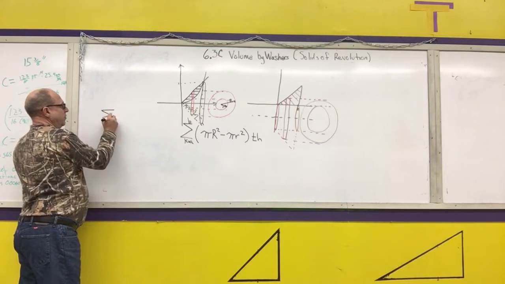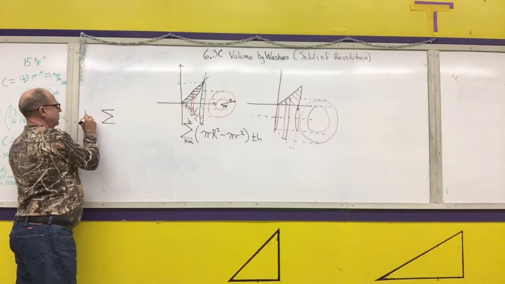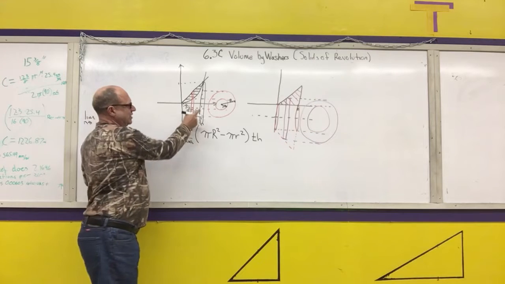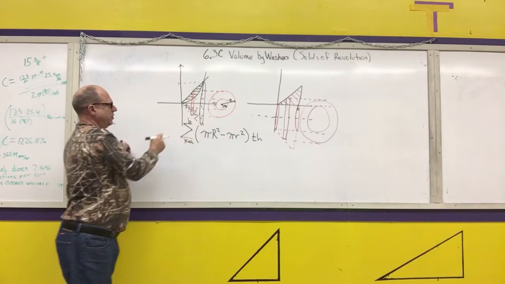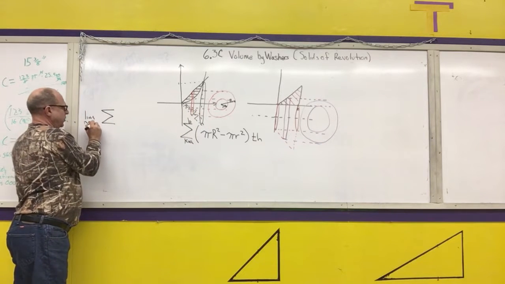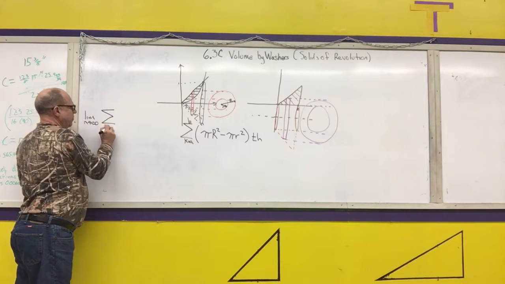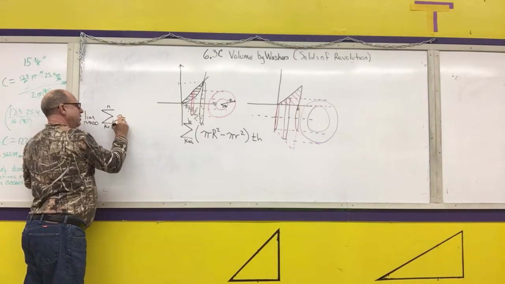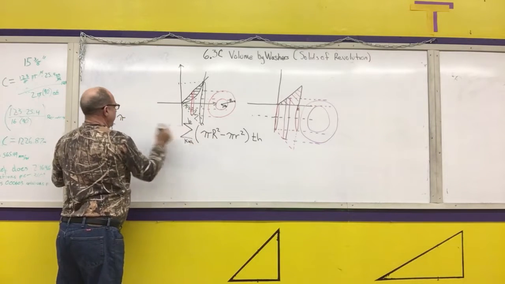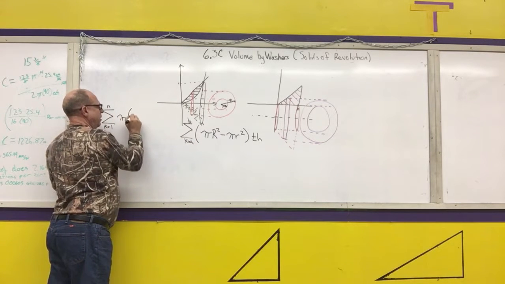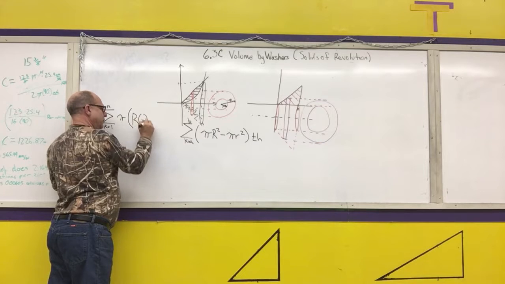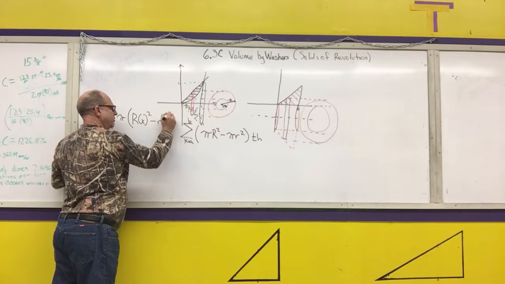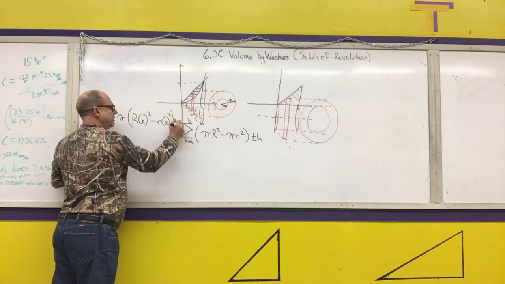That's going to give me the sum as the limit as the biggest slice goes to 0, or alternatively, the number of slices approaches infinity, k equals 1 to n of pi times big R of x squared minus little r in terms of x squared delta x.